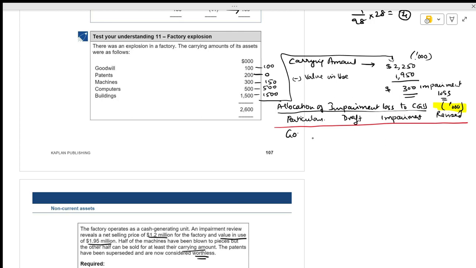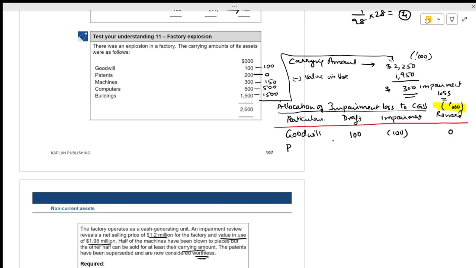First and foremost, goodwill will be targeted. Goodwill will become nil; the 100 is there, without any doubt.